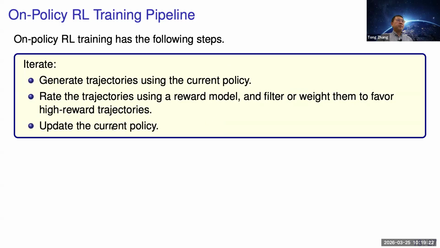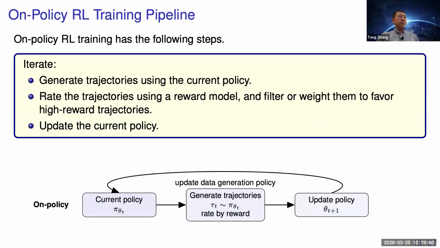Update the current policy, and then you just iterate. You always generate new data using the new policy, use a reward model to rate the quality of this data, and then iterate. So that's a typical RL iteration.